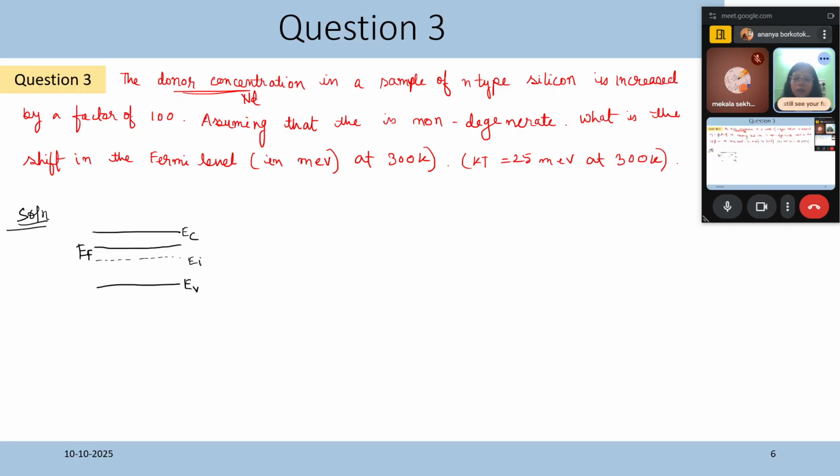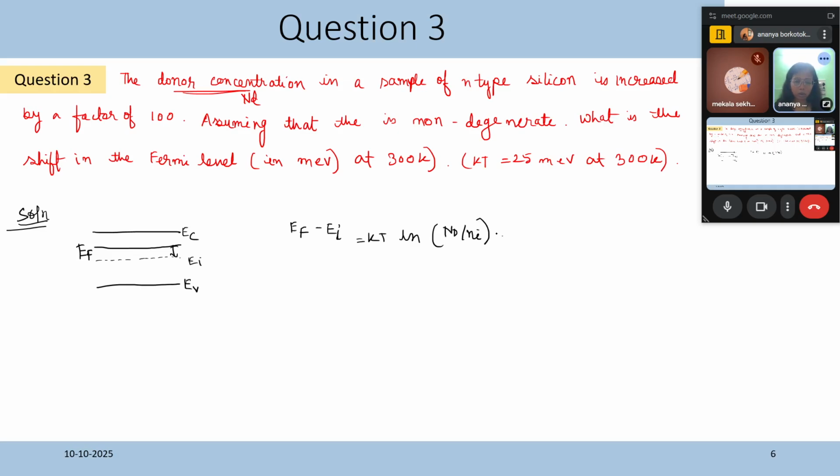So the question is, what is the shift in the Fermi level if we increase the doping concentration by 2 orders? 100 is like increasing the doping concentration by 10 to the power 2, right? So we know this equation, which is true for non-degenerate semiconductors: EF minus EI, the difference between the Fermi level and the intrinsic Fermi level, equals kT ln of ND by ni.